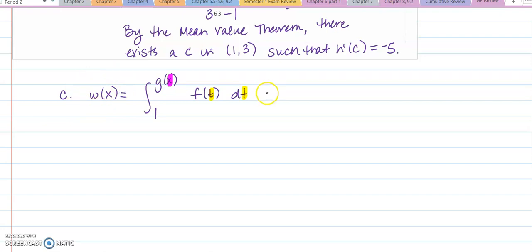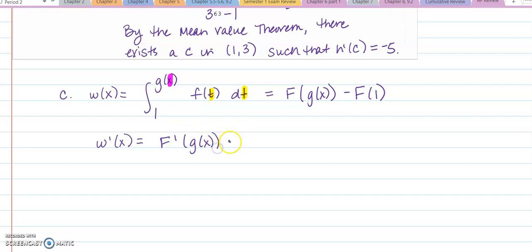So I want you to remember that the fundamental theorem of calculus says that you can evaluate the antiderivative up high minus the antiderivative down low. And then you can differentiate every single part of this phrase. So w prime of x will be equal to big F prime of g times g prime, and that's because of chain rule.